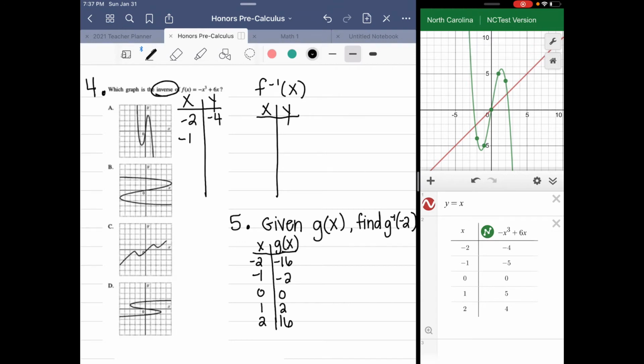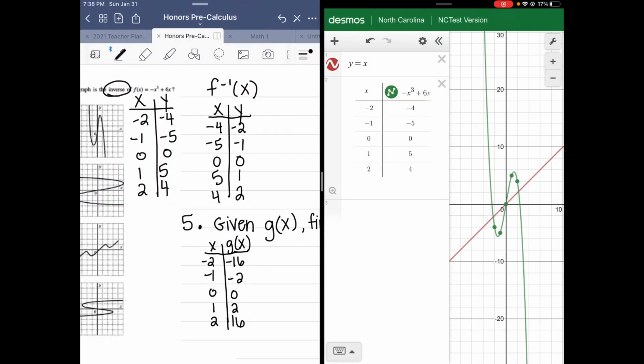So I have negative 2, negative 4. I have negative 1, negative 5, 0, 0, 1, 5, and 2, 4. So my inverse here would be negative 4, negative 2, negative 5, negative 1, 0, 0, 5, 1, 4, 2.